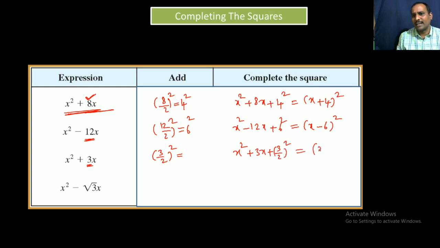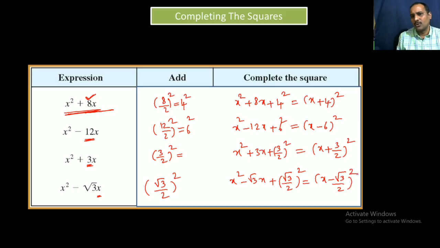So you can write it as x plus 3 by 2 whole square. And in this, the coefficient of x is root 3. So root 3 by 2 whole square. So x square minus root 3x plus root 3 by 2 whole square. So you can write it as x minus root 3 by 2 whole square. So this is how we complete the square.